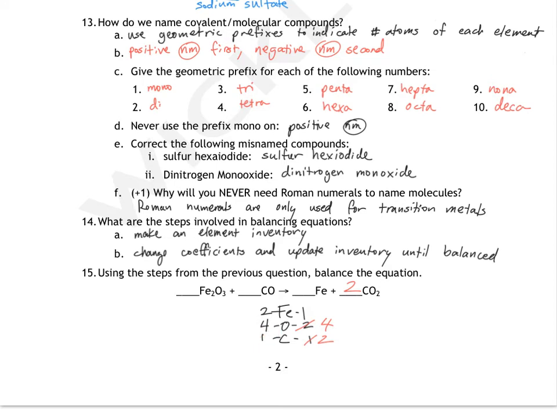So I'm going to add another 2 in front of the CO, and that's going to give me 2 carbons and 5 oxygens. So as you can see, things are starting to look a little bit dicey. When I change the carbon to try to make the carbon balance, the oxygen changes, and then everything has been undone.